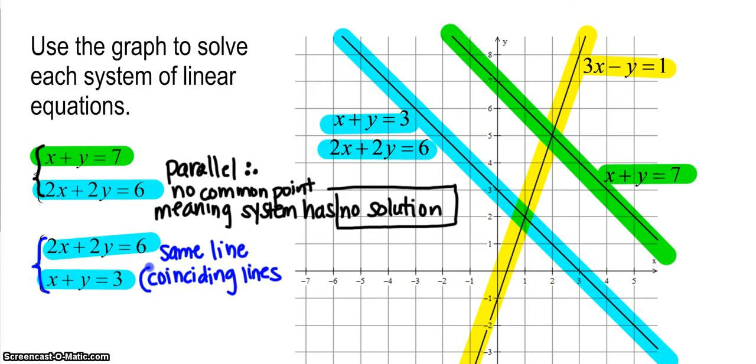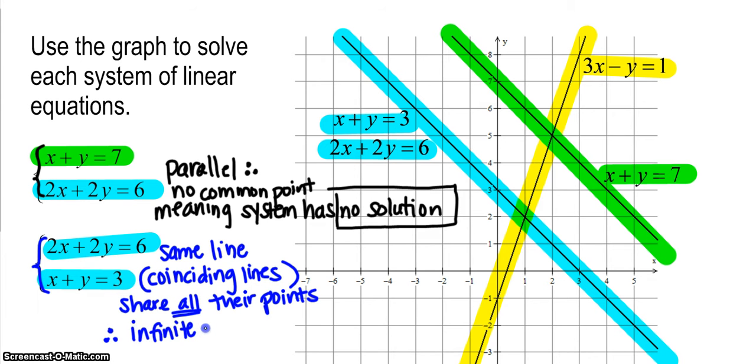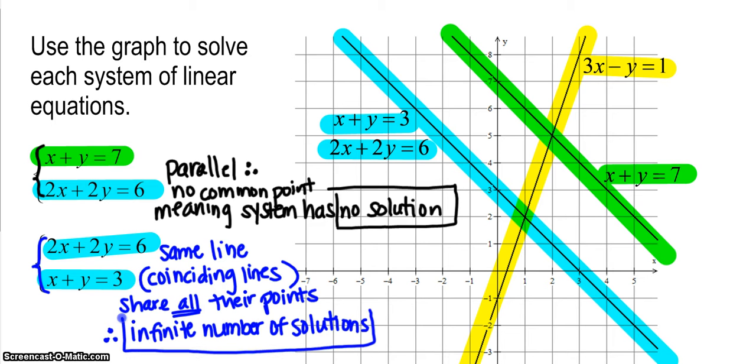Coinciding lines share all their points. And lines have an infinite number of points. So there are an infinite number of solutions.